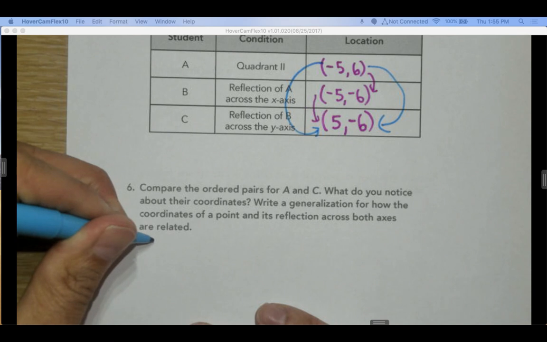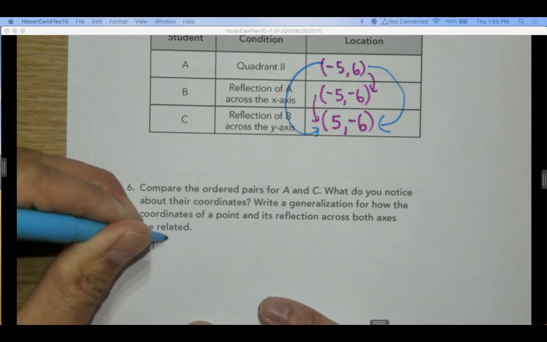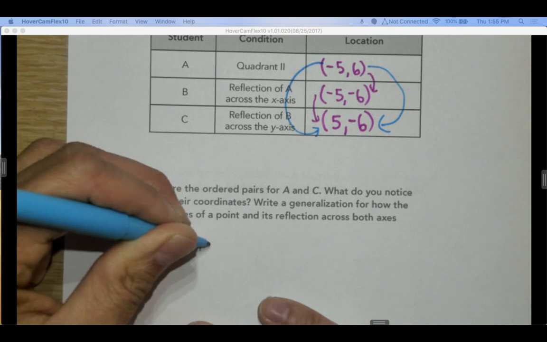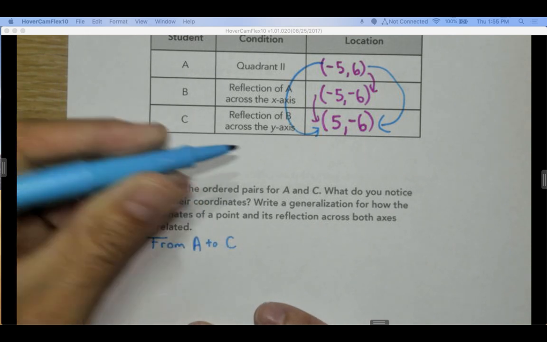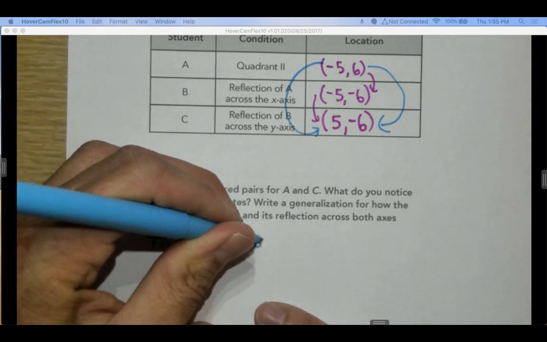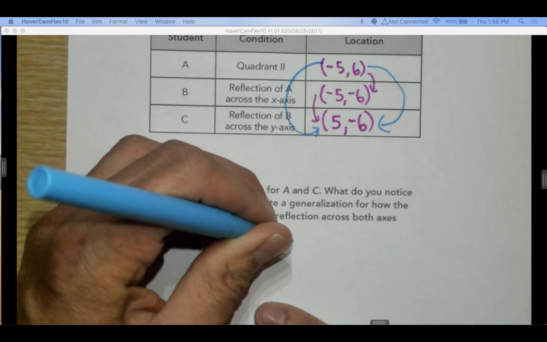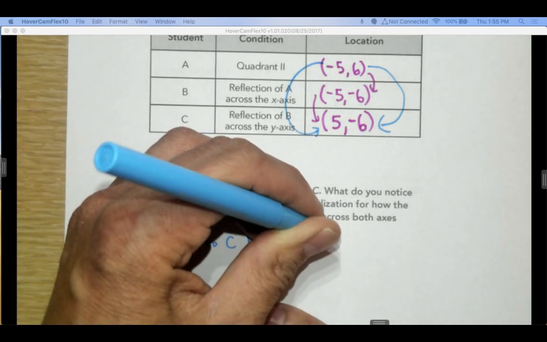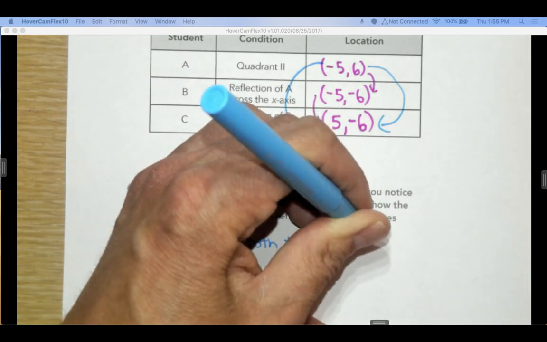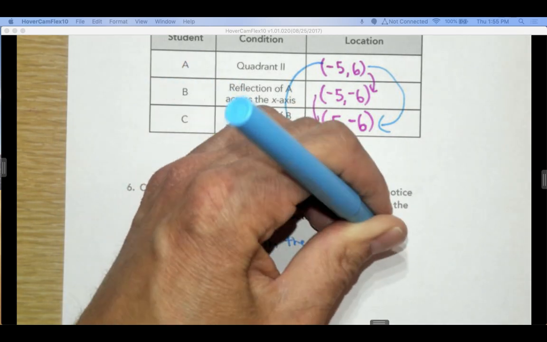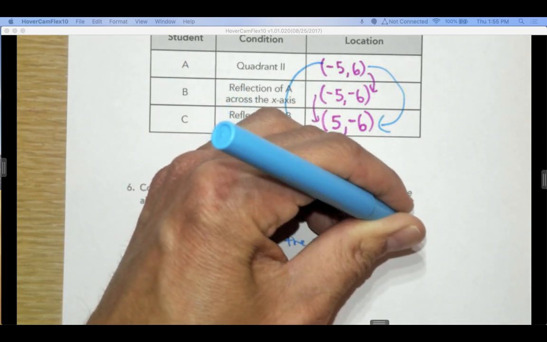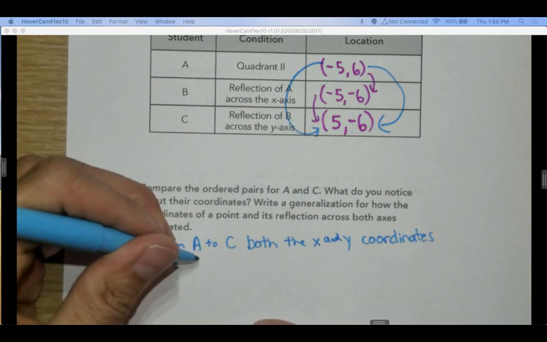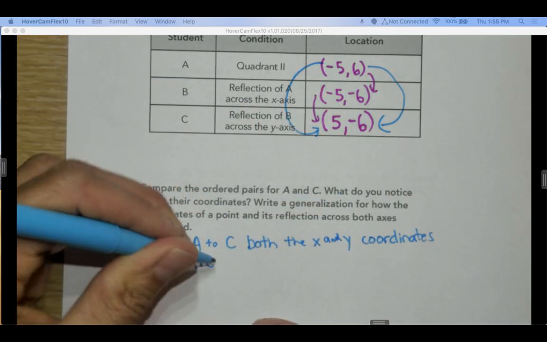So from A to C, both the x and y coordinates are the opposite.